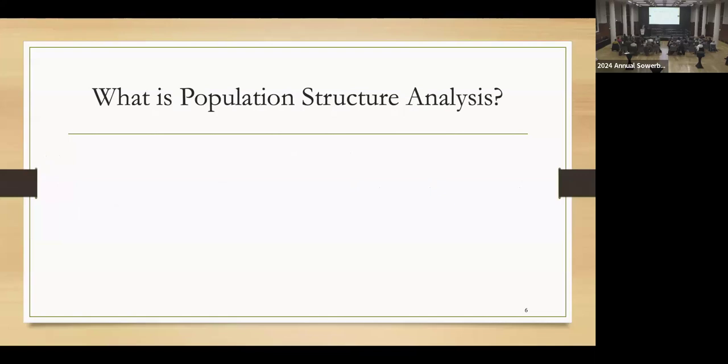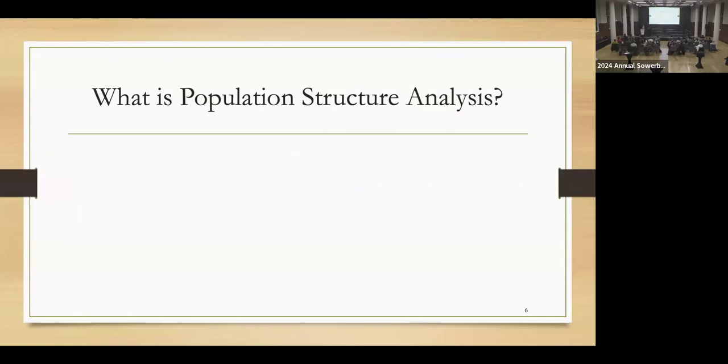So there's a basic project in population genetics called population structure analysis. And that's just basically the task of identifying one or more levels of biological populations in a larger biological group, usually a species, but not always. So yeah, if you want to do population genetics, this is something that you've got to engage in.